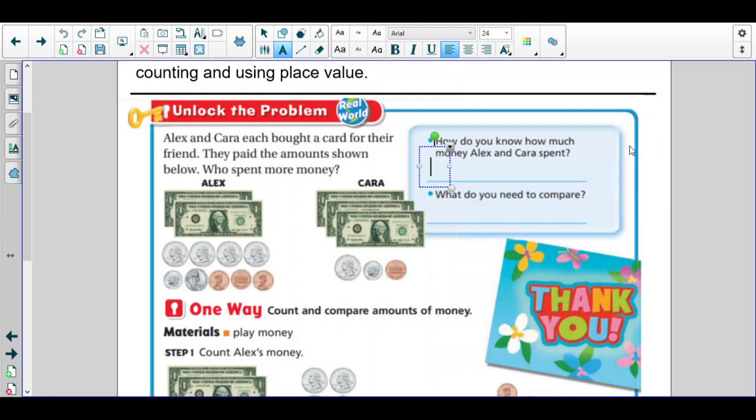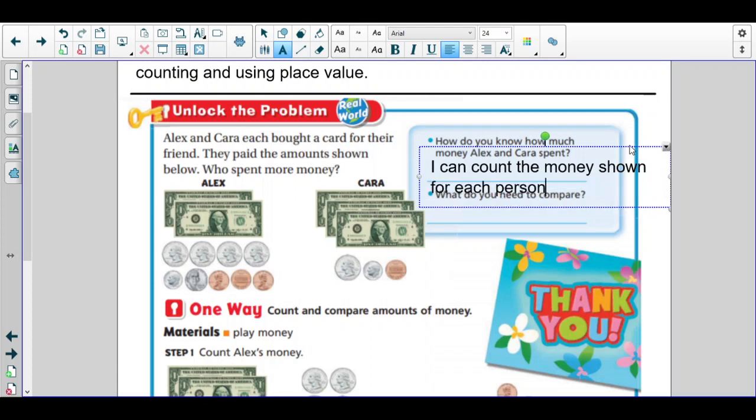How do you know? I can count the money shown for each person. All right, so we'll go ahead and get that there.